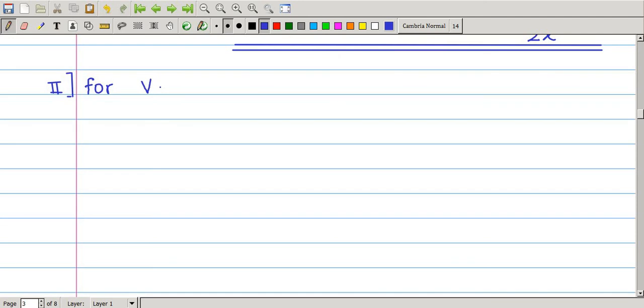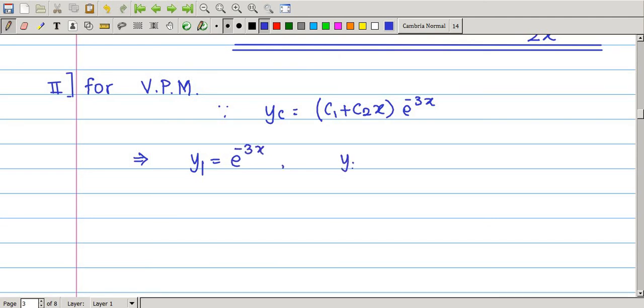Since complementary function was c1 plus c2x into e raised to minus 3x, we can consider y1 is coefficient of c1, that is e raised to minus 3x, y2 is equal to x into e raised to minus 3x. So this is your step 1.